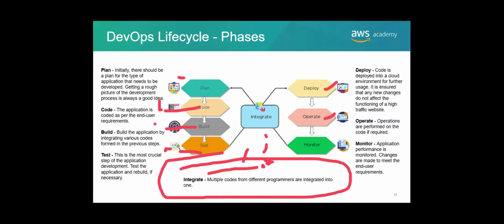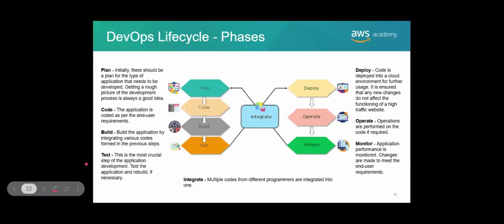For that we require an integration tool. That is Jenkins. Let us take Jenkins as one of the tools which will support both, integrating all the code into one and taking it to the next level of service.